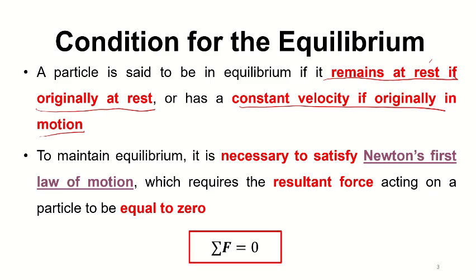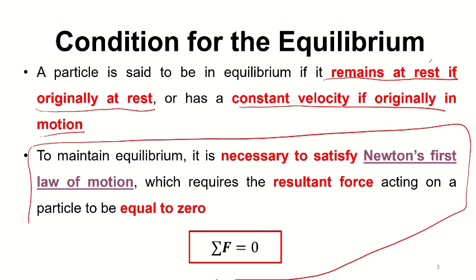Or if a particle is originally moving and has a constant velocity, then we say the particle is also in equilibrium. So a particle can be moving at a constant velocity, or it can have no movement, and either way it is in equilibrium. This is the condition for equilibrium.